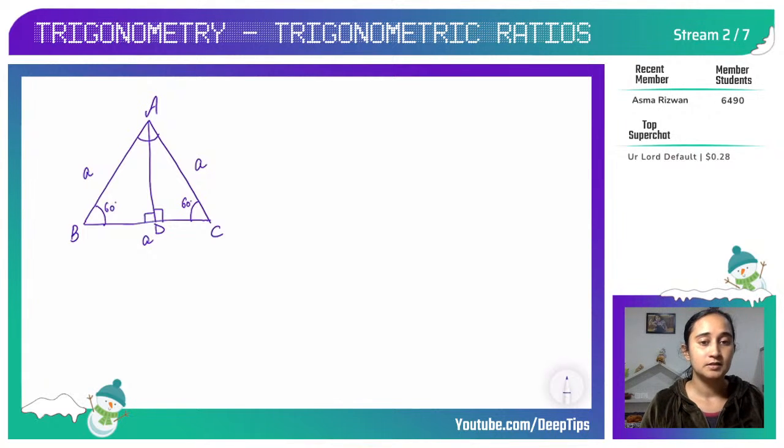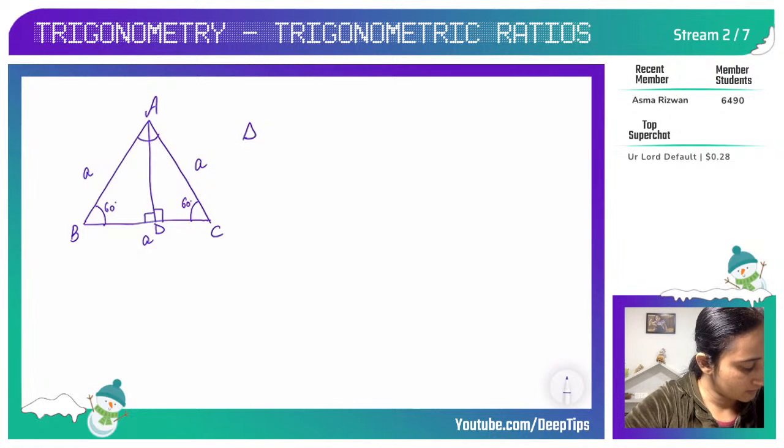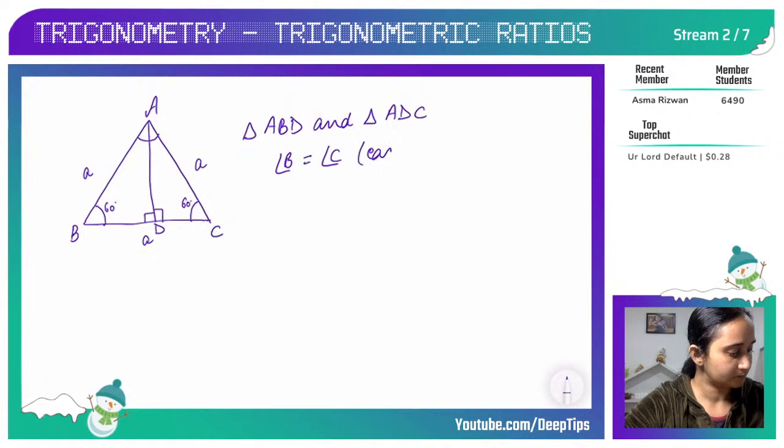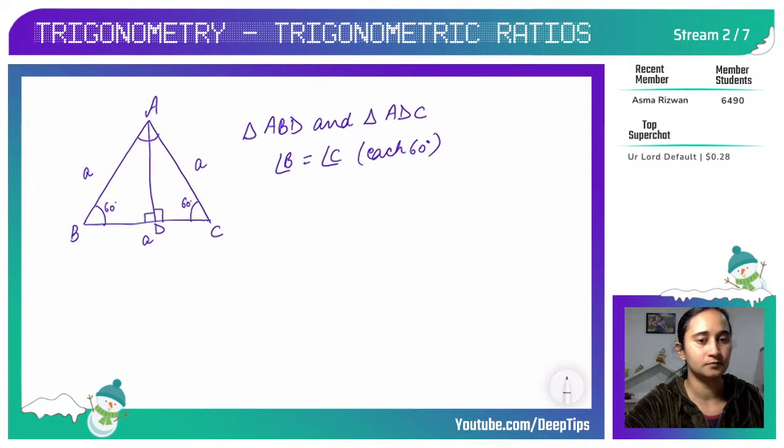But now still I need to prove that triangle ABD and triangle ADC are congruent, so that I get the value for BD and DC. You can also say that when I am bisecting BC, it is A by 2, but it's always good to prove this. So if we take triangle ABD and triangle ADC, I have angle B equal to angle C because they are equal, each 60 degrees.